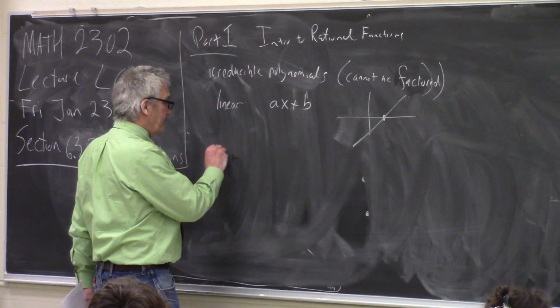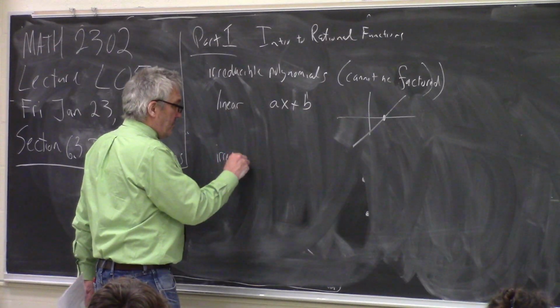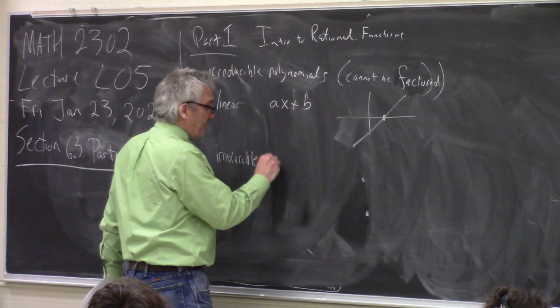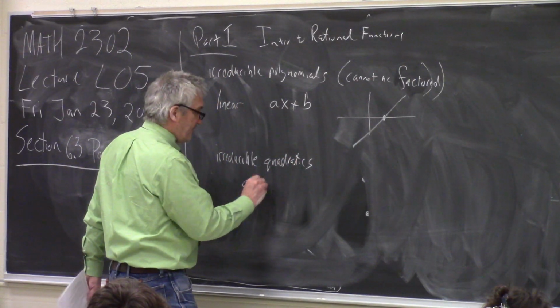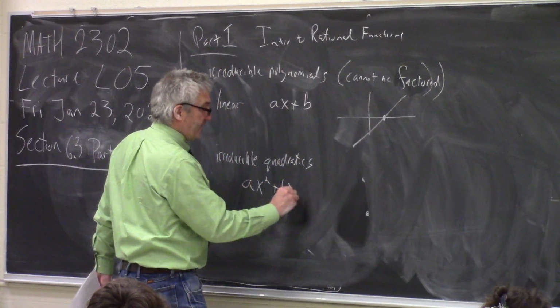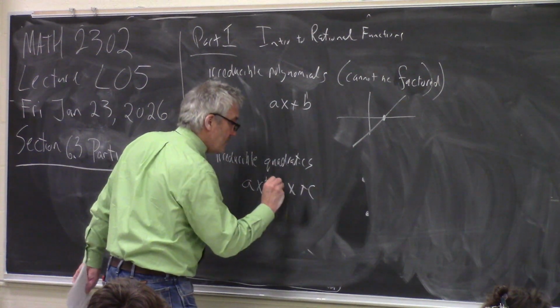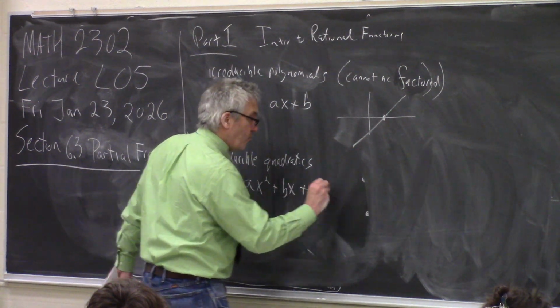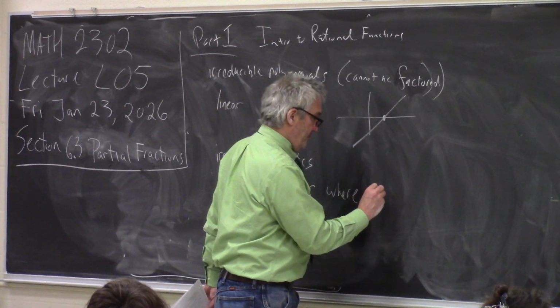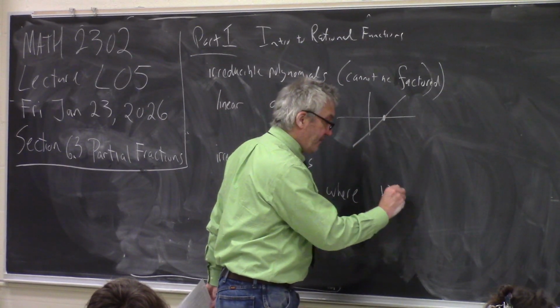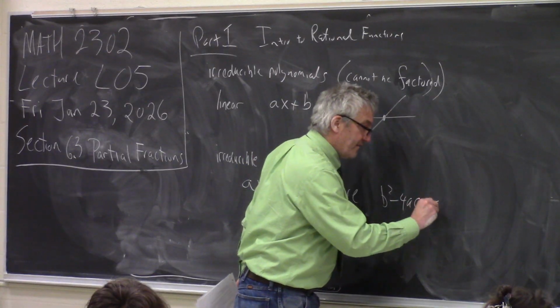So you can't break this down into smaller factors. And then irreducible quadratics. So ax squared plus bx plus c, where b squared minus 4ac is negative.